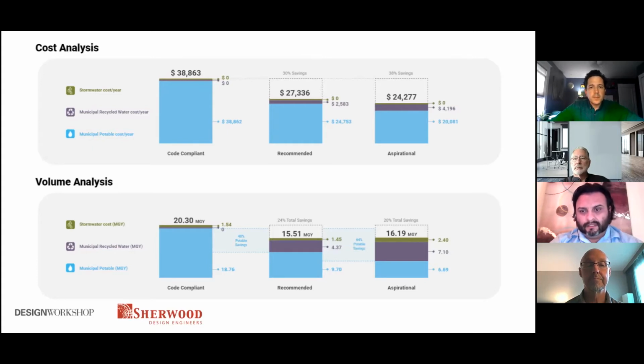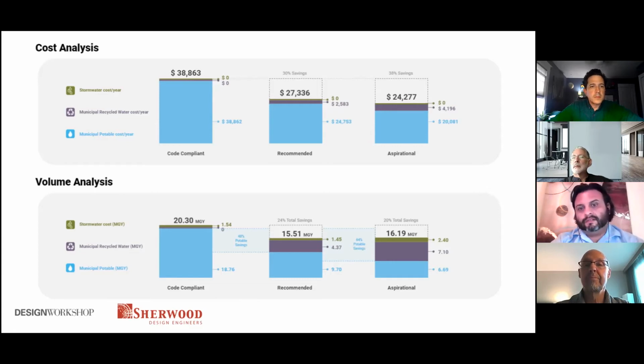There might be a situation where the aspirational element might not get us as many benefits as we would like. So is there a middle ground where we're somewhere between code compliant and aspirational, right? That begins to be the approach that the project would follow.